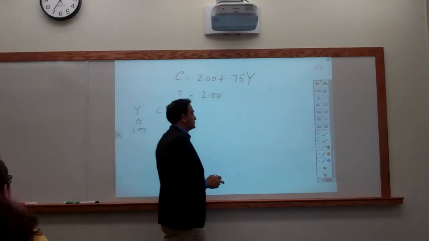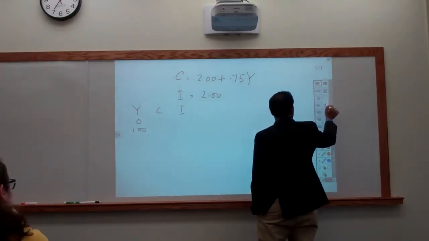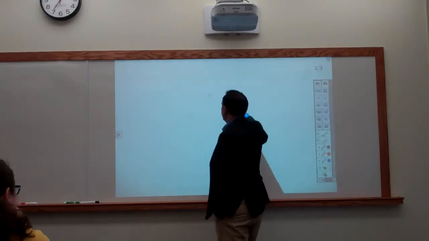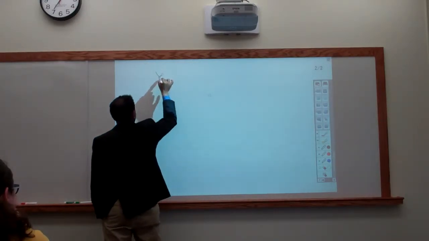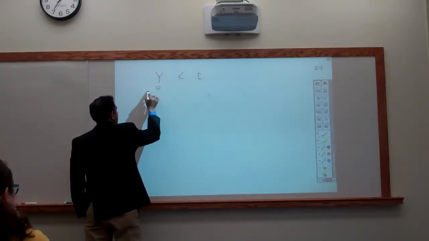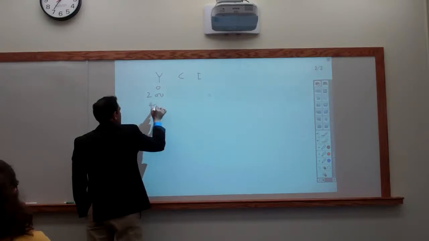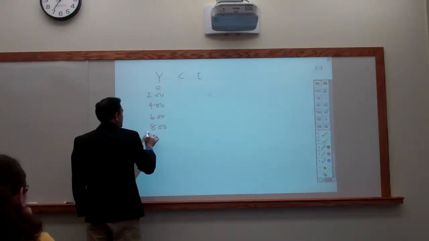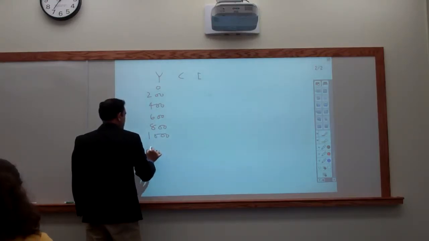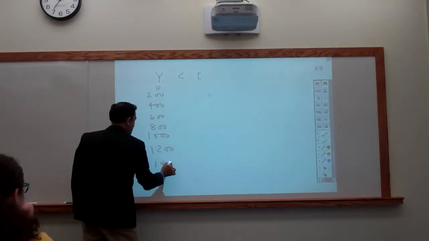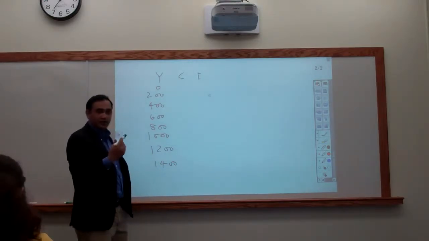Let me switch to a new slide. Y, C, and I: 0, 200, 400. So y is changing by 200.